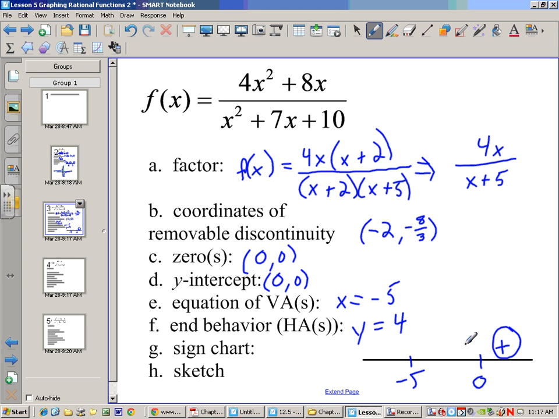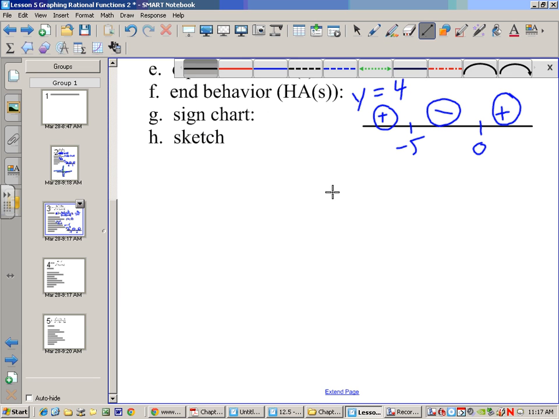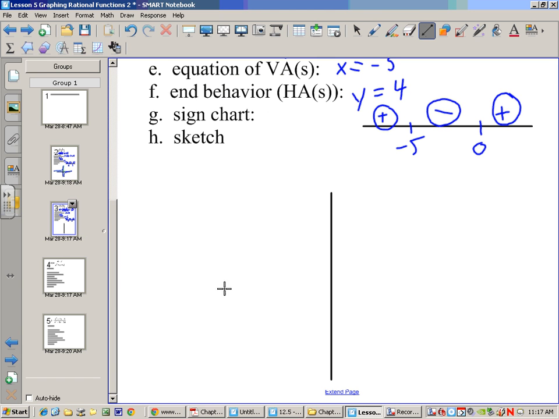Between -5 and 0, if I put in -2, that would be -8 over a positive, so that would be a negative number. And now if it's less than -5, say -6, we'd have a negative over a negative, which would make it positive.